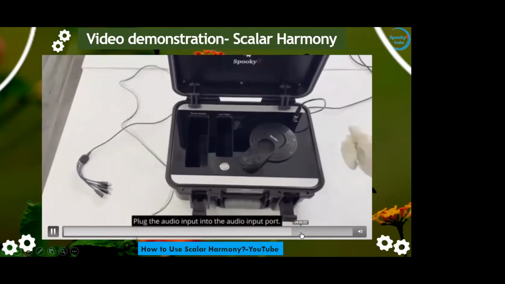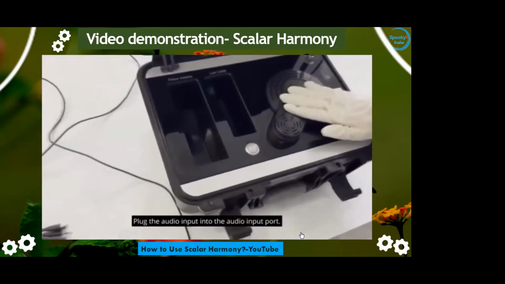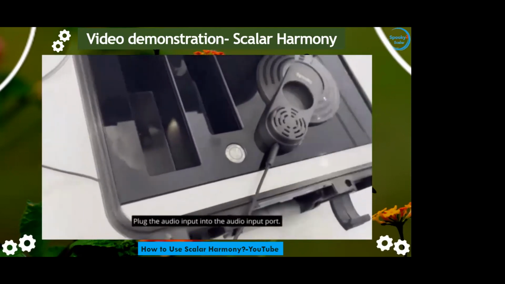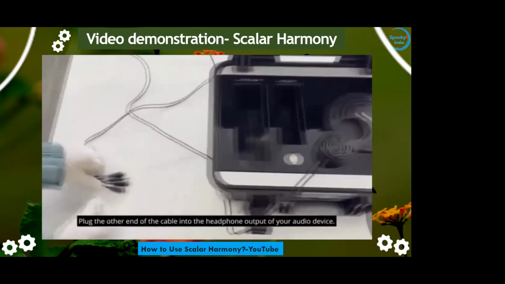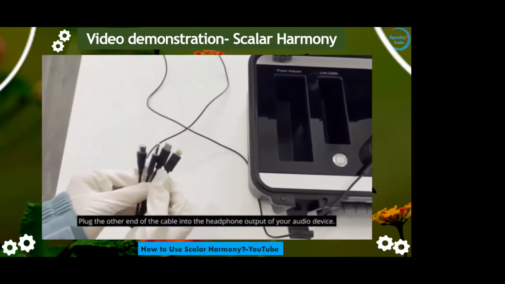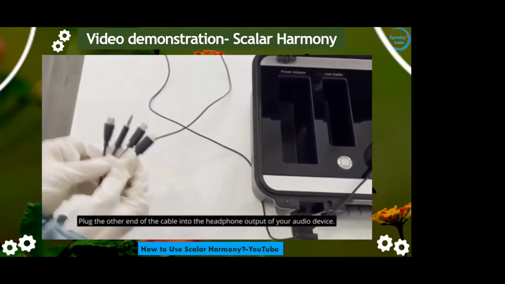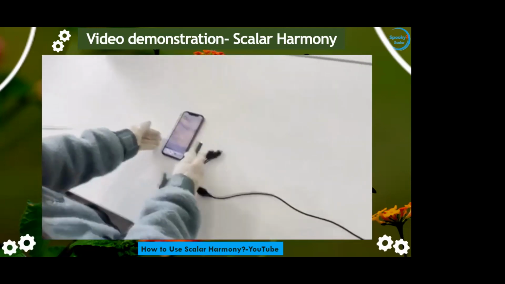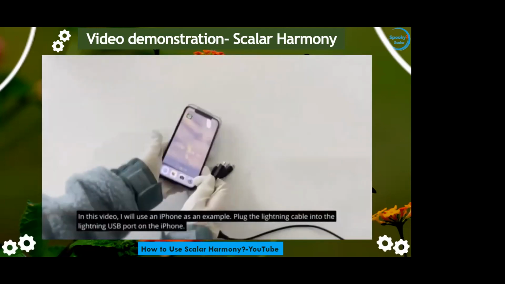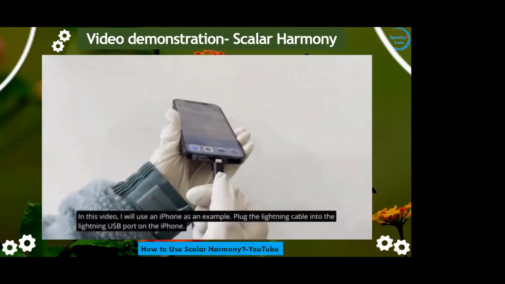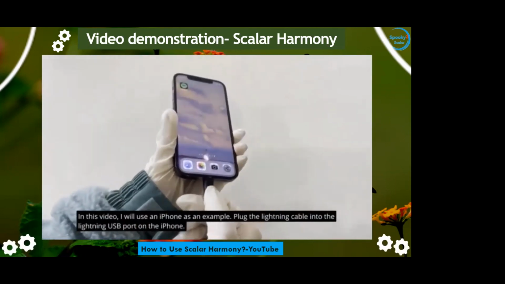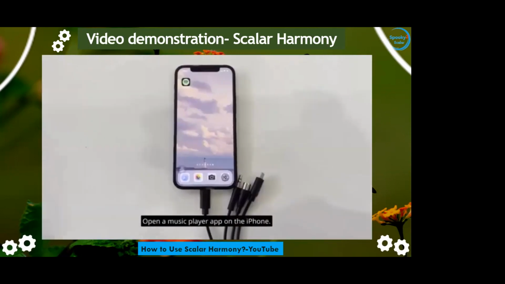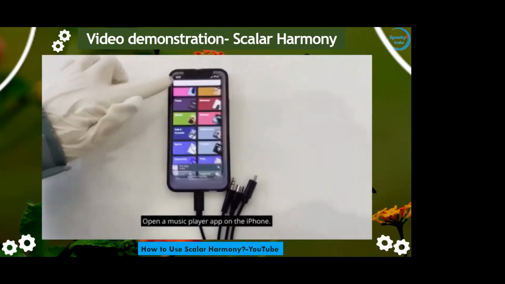Plug the audio input into the audio input port. Plug the other end of the cable into the headphone output of your audio device. In this video, I will use an iPhone as an example. Plug the lightning cable into the lightning USB port on the iPhone. Open a music player app on the iPhone.